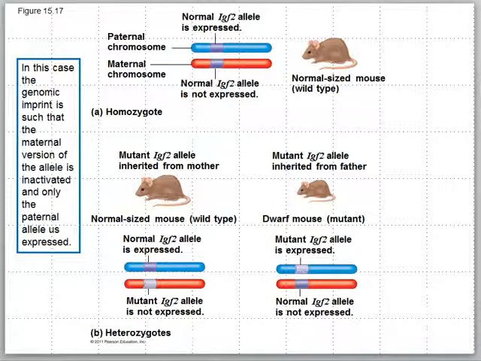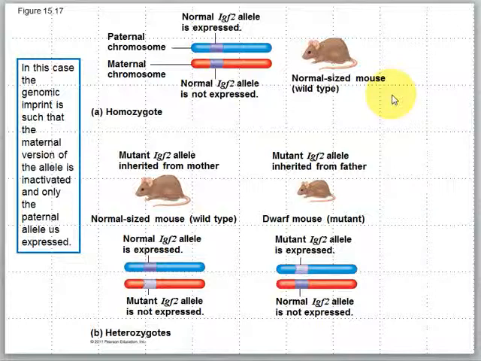So here at the top, you have a mouse that is homozygous for a particular trait. It has the normal IGF trait allele from the father, the paternal side, and the normal IGF trait allele from the mother side. So it's homozygous for that, and that produces this normal-sized mouse, the wild type that we see here.